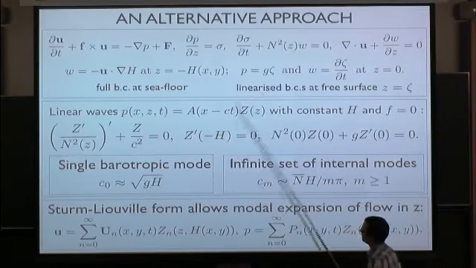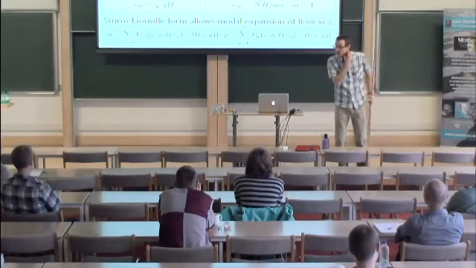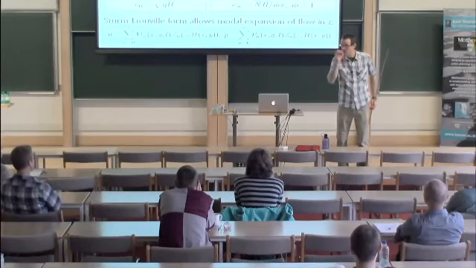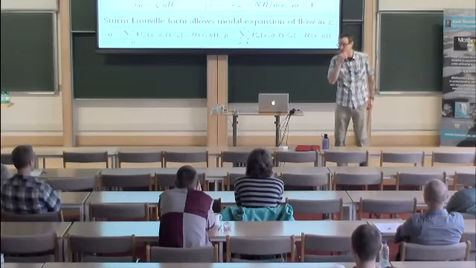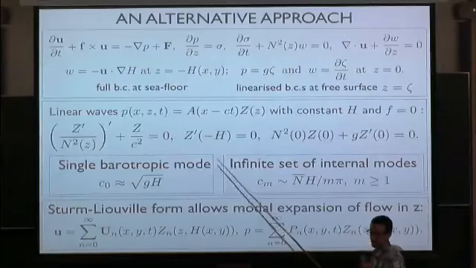And this is the first key approximation: if you're interested in internal wave dynamics, your mathematical formulation should go after the internal waves. The way to go after the internal waves is to look for solutions which have just the right vertical structure.